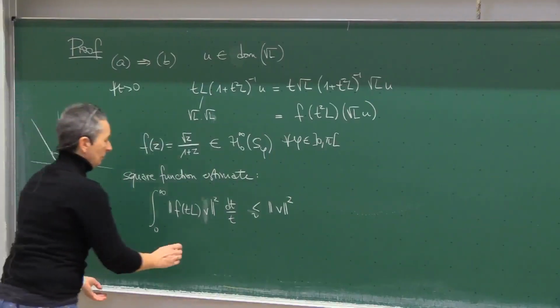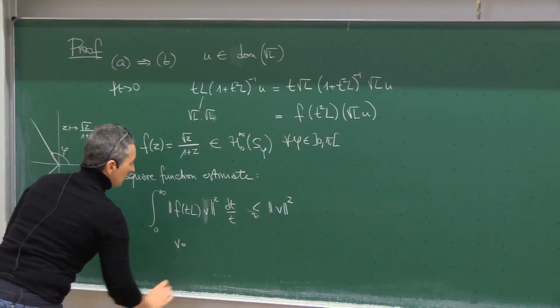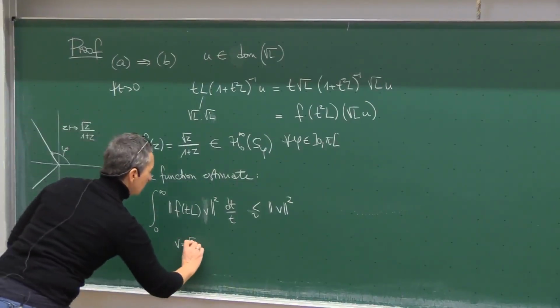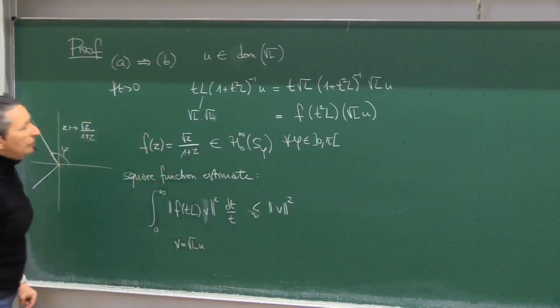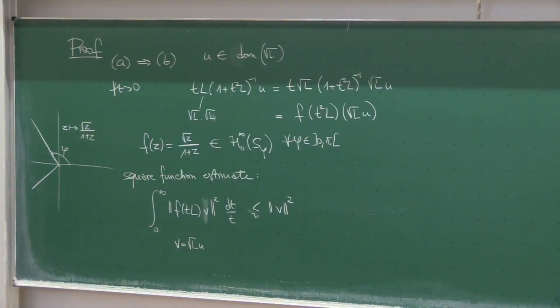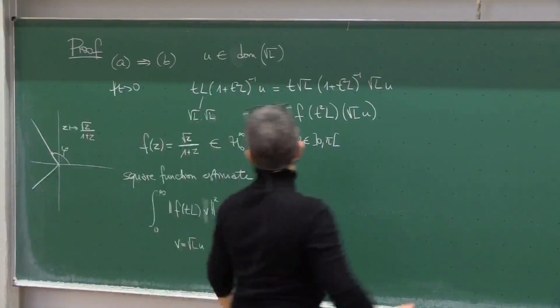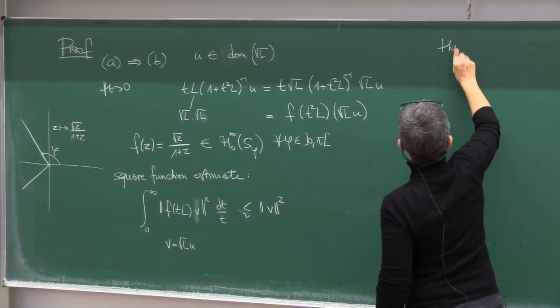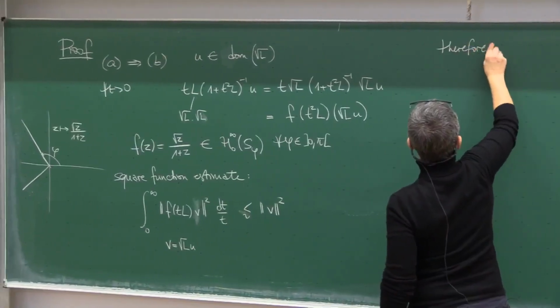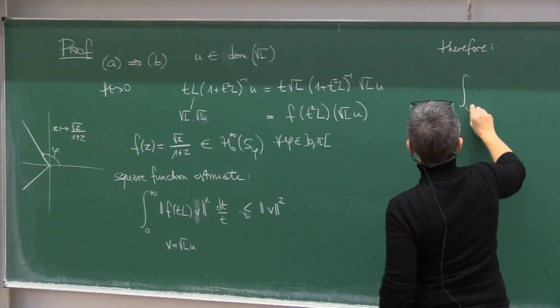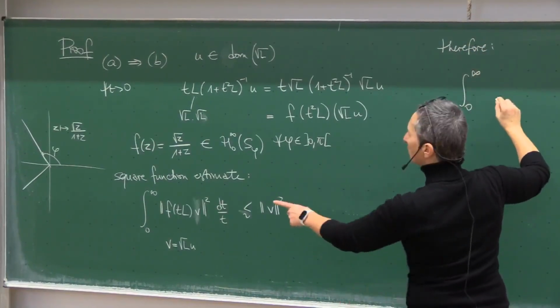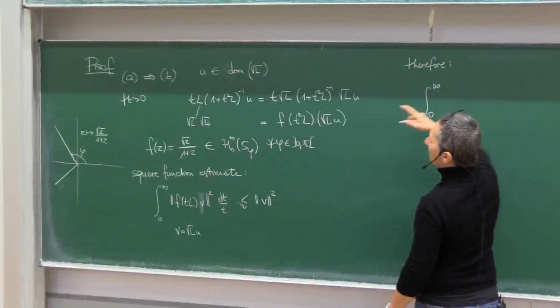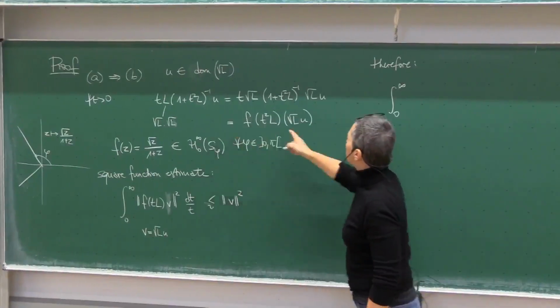So instead of v, you write square root of L u, and you get that we have the integral from 0 to infinity. So f is this one.